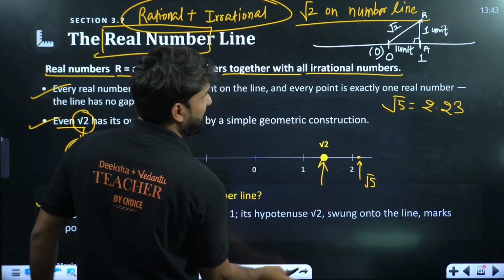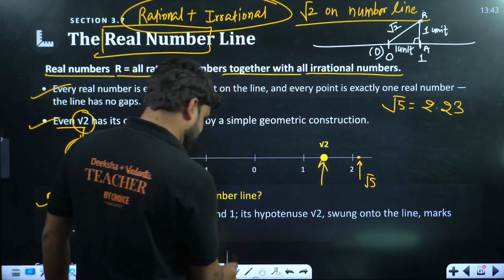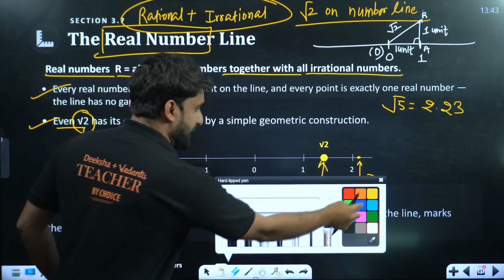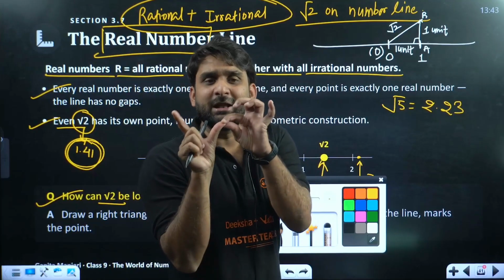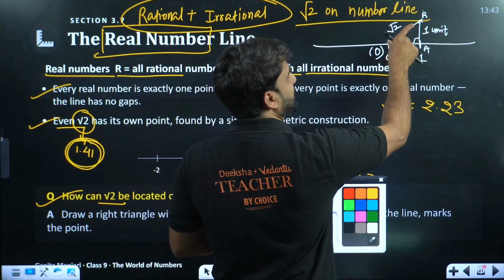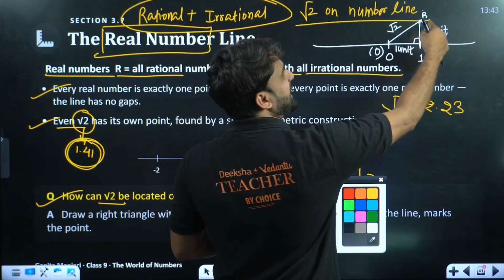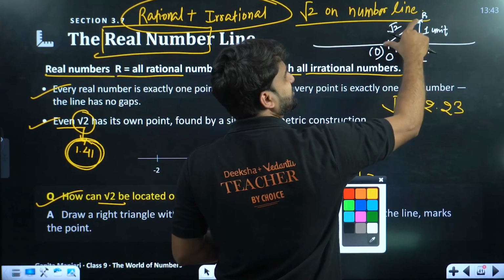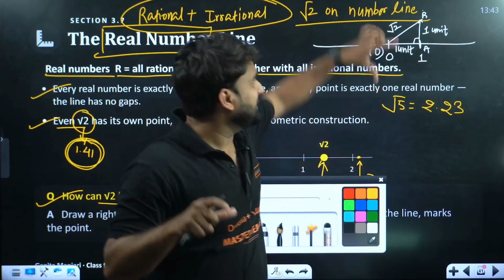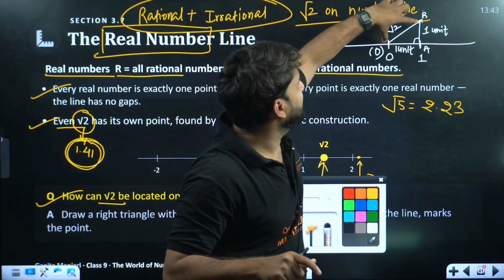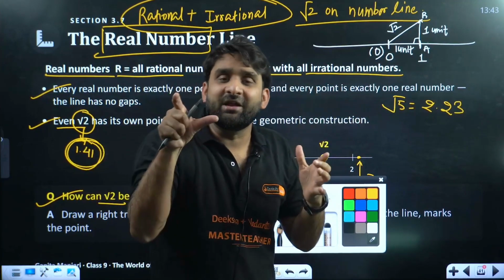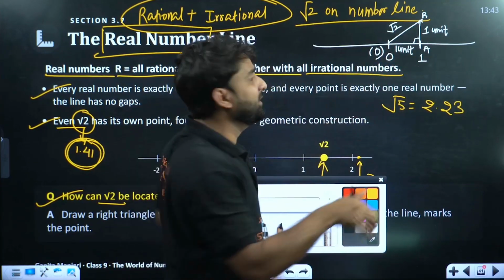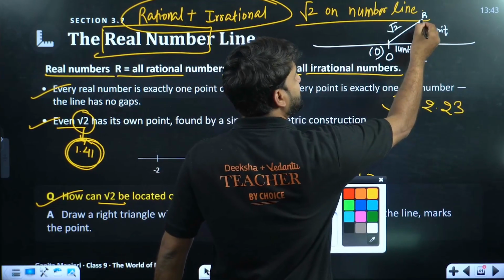Now my dear champion, after getting root 2, take a compass and pencil and put the needle of the compass at this point, and the pencil at point B, and draw the arc, taking OB as the radius. Considering OB as the radius and O as the center, draw an arc here this way.